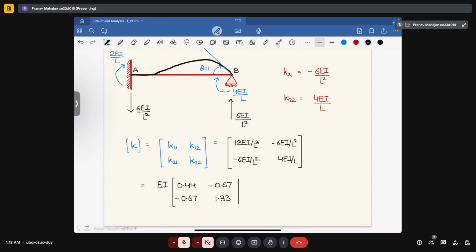From this you can also confirm that the stiffness matrix here is square and symmetric. That is, when you take the transpose of this matrix, you will get the same matrix. Okay.